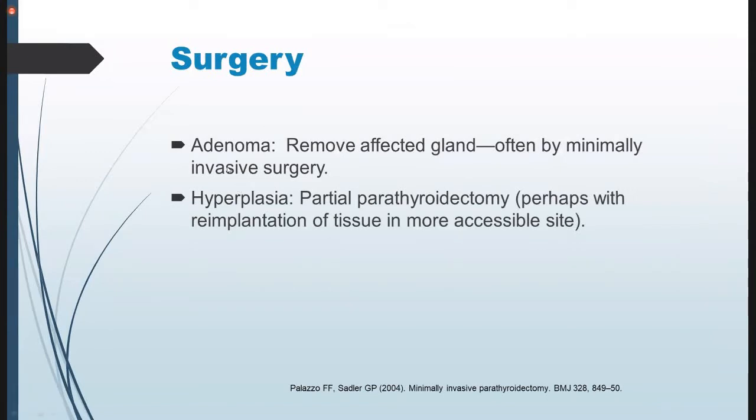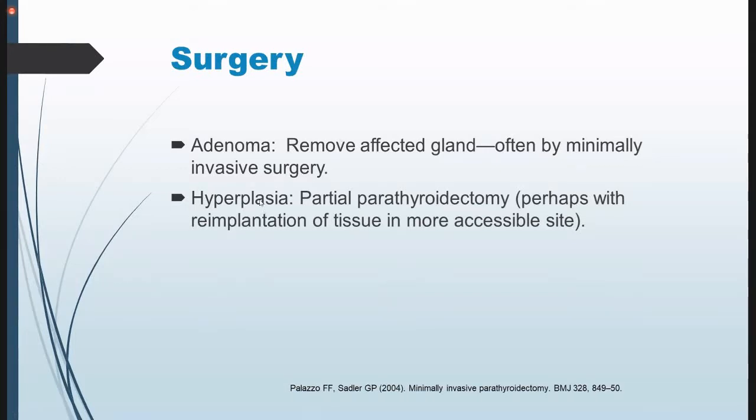Now, in surgery, if there is a parathyroid adenoma, remove the affected gland, often by minimally invasive surgery. A small cut is performed, not the whole neck is operated, and only the gland which has developed into an adenoma will be removed. The rest will be preserved.